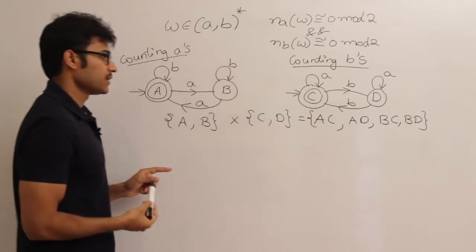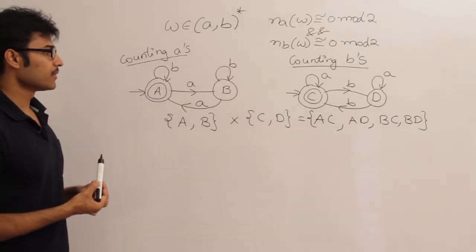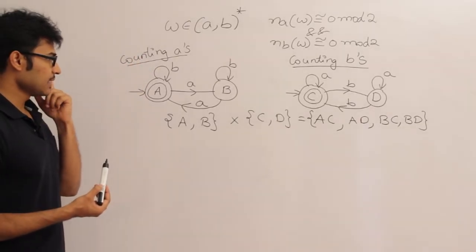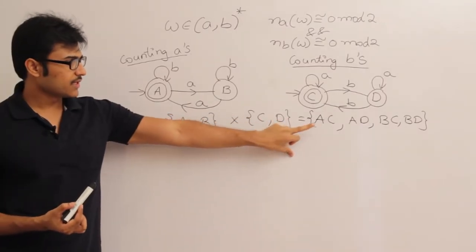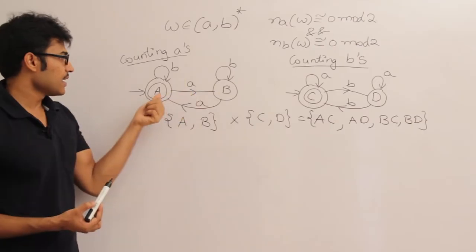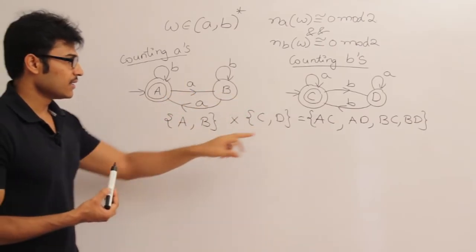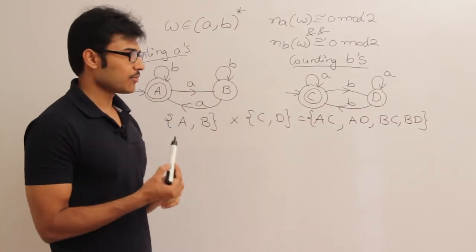I have four states. In the initial diagrams A and C are the final states, so here AC is going to be the final state. I'll talk about it later.